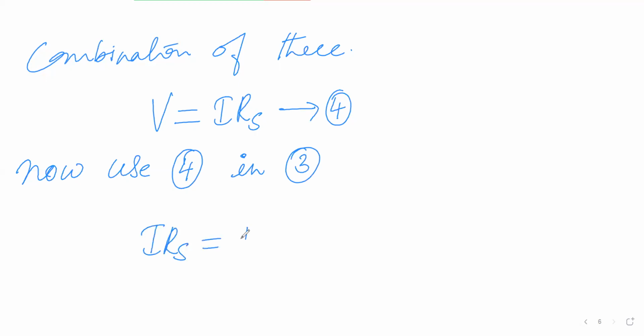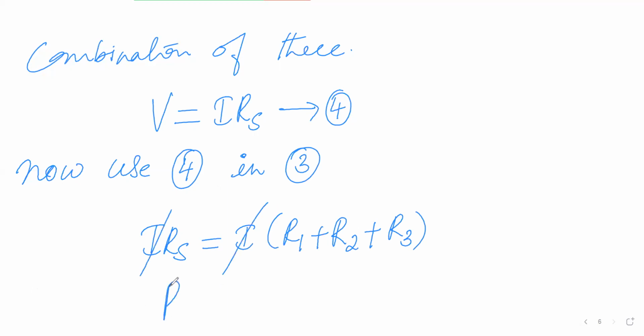RS equals I into R1 plus R2 plus R3, where I and I can be cancelled out. Then we are left with RS equals R1 plus R2 plus R3.